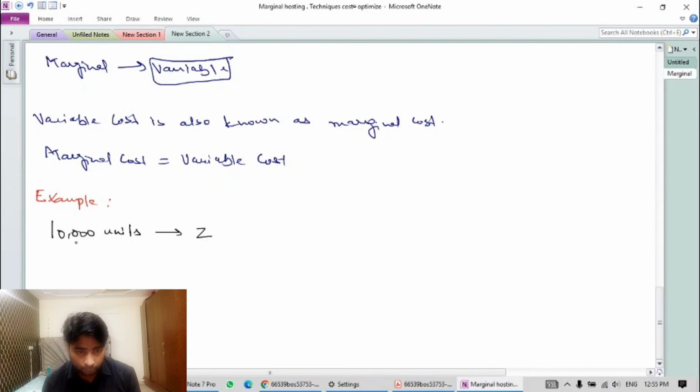What is the total cost of manufacturing this product? The total cost of manufacturing Z is rupees 3,50,000.